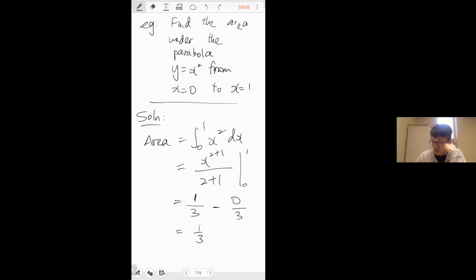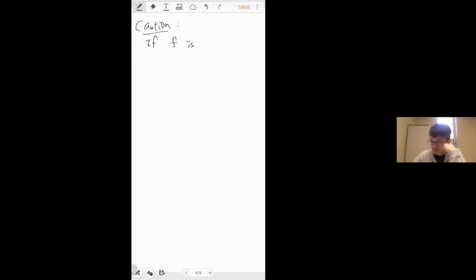So if the function is not continuous, then you cannot use the fundamental theorem of calculus. I'll give you one example. This is why we need to be careful.